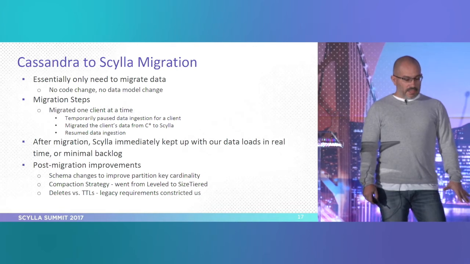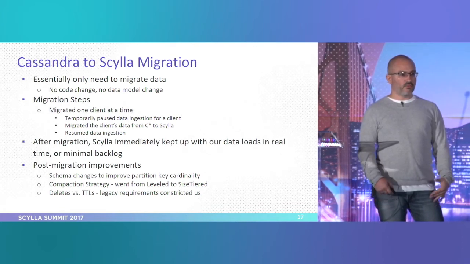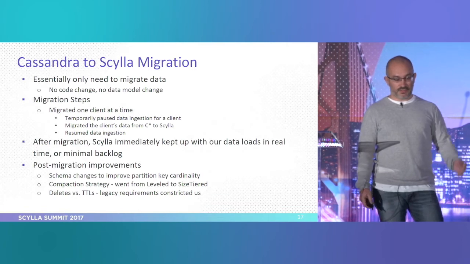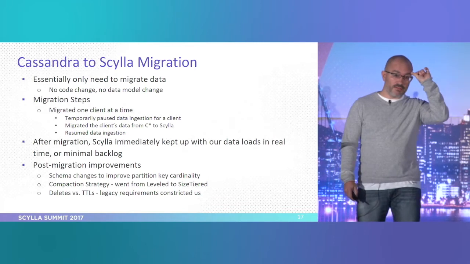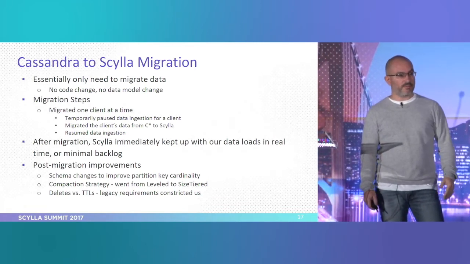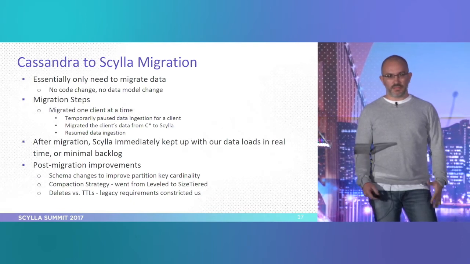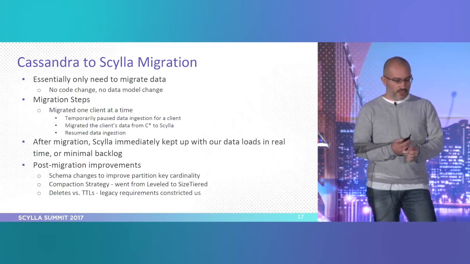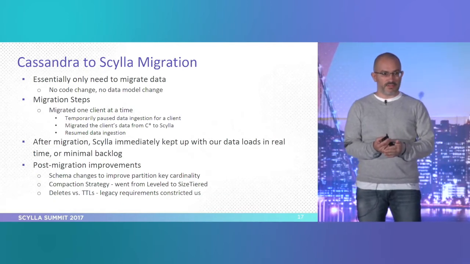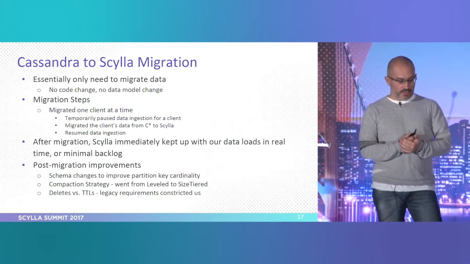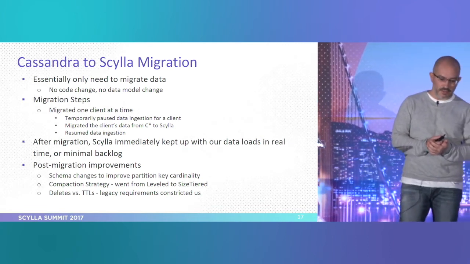So immediately after we finished the migration, we started looking at even more ways to improve performance of this cluster. We had some even larger customers coming down the sales pipeline, so we needed to make sure that we are as prepared as we can possibly be to handle the new customer load. With the Scylla support engineers' assistance and oversight, we made some schema changes that improved partition key cardinality.